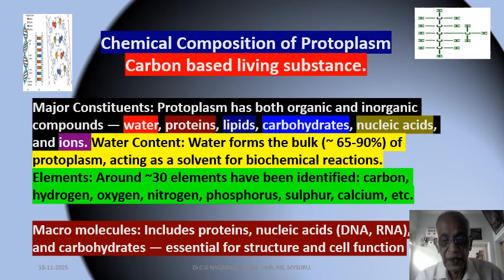But the basic ones are carbon, hydrogen, oxygen, nitrogen, and phosphate. Macromolecules include proteins, nucleic acids, that is DNA and RNA, lipids and carbohydrates, essential for structure and cell function. The cell has to be looked into, then we have to look into these macromolecules.